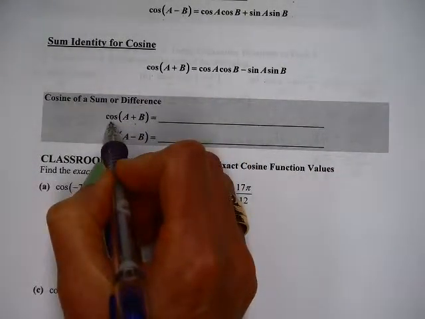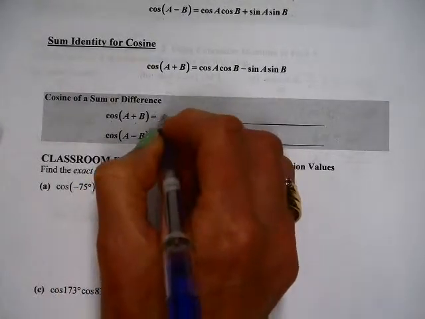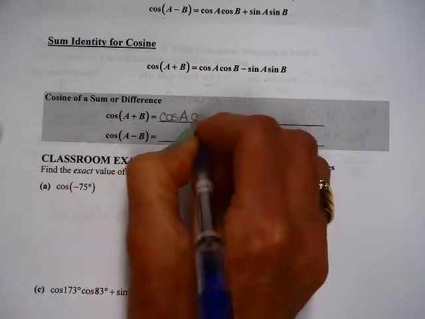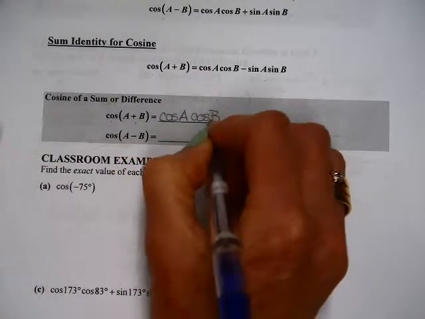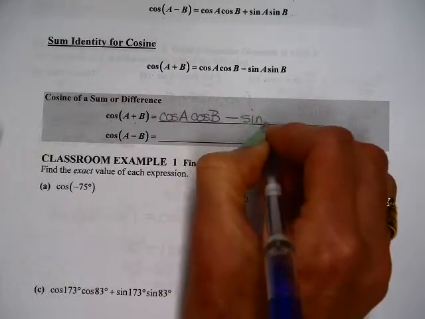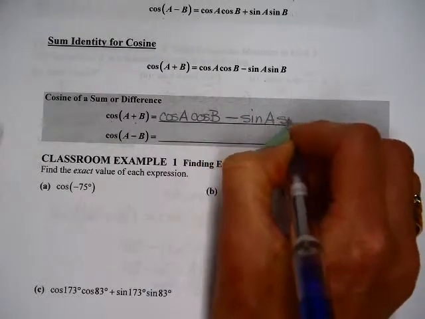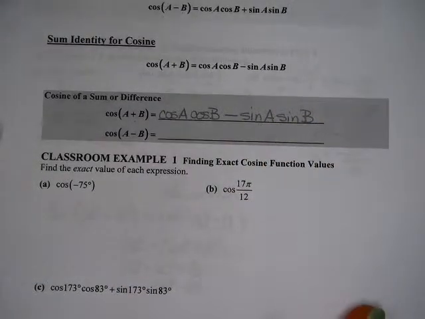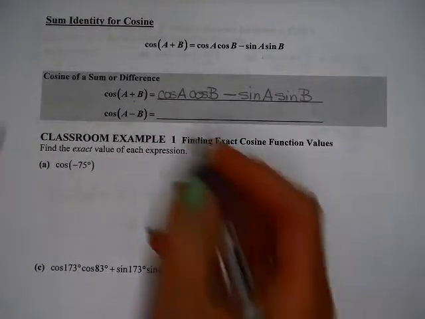But the cosine of A plus B is the cosine of angle A times the cosine of angle B minus the sine of angle A times the sine of angle B. It is a formula and it has to be calculated that way.